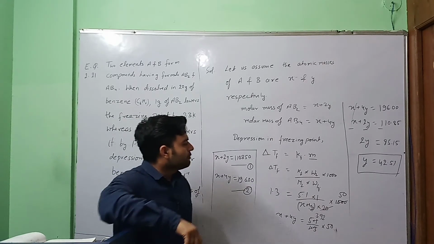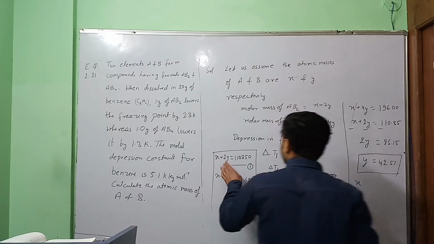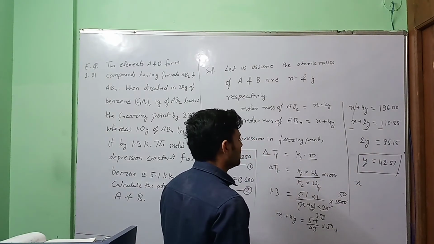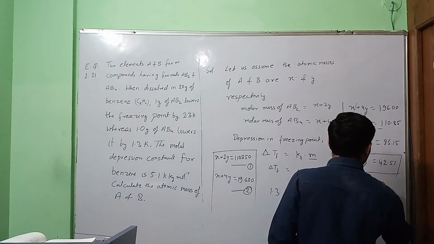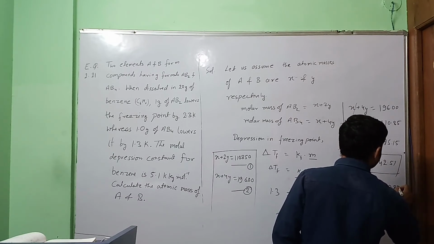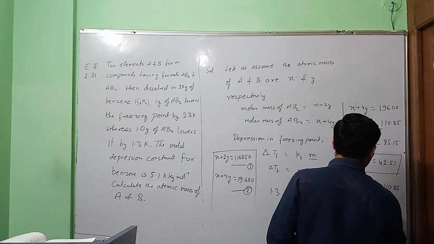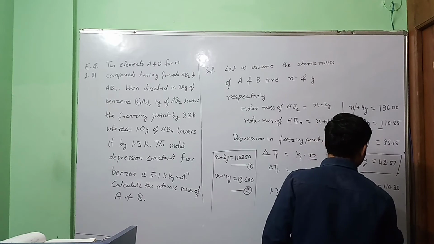Now for the value of X, we can use any of these two equations. So X plus 2Y equal to 110.85. Now we already have value of 2Y equal to 85.15.